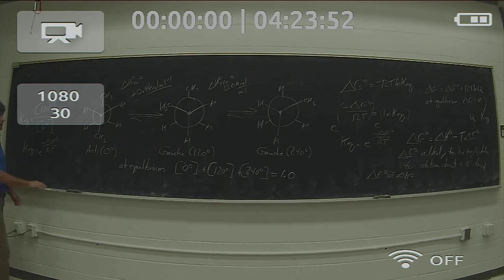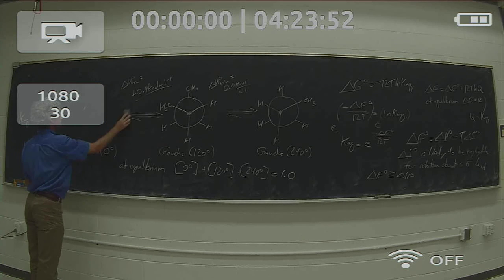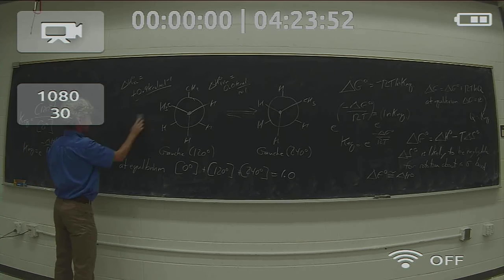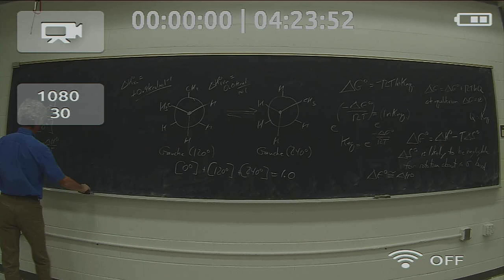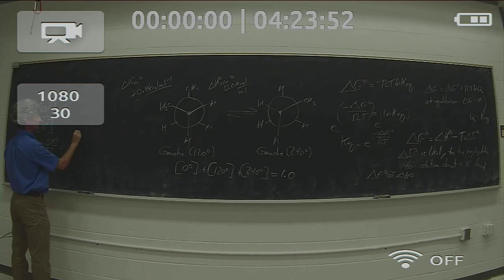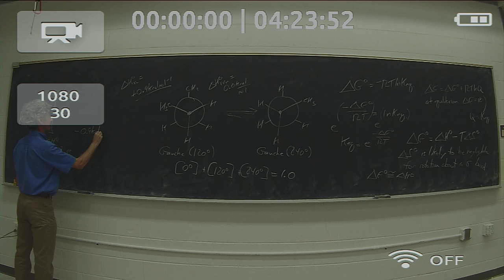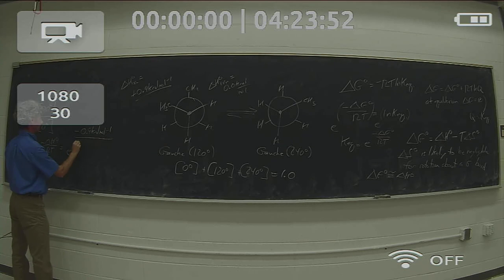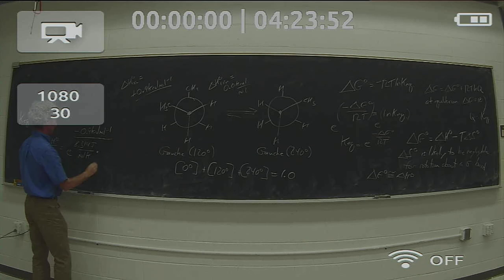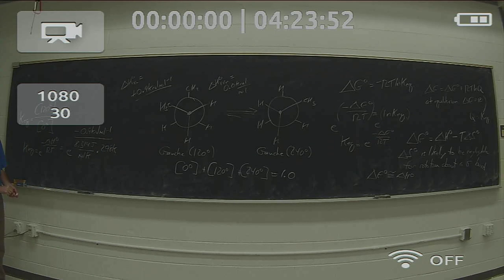And I have numerical values for that. So I can say that the equilibrium constant is equal to e to the minus 0.9 kilocalories per mole over R, 8.314 joules per mole Kelvin, times 298 Kelvin. We're doing this at room temperature.